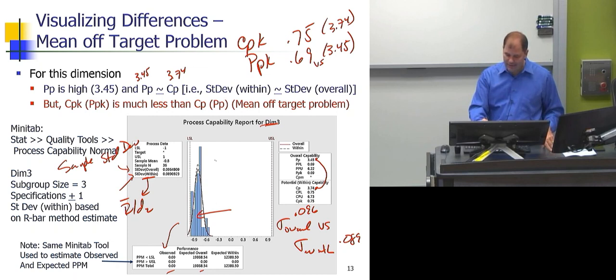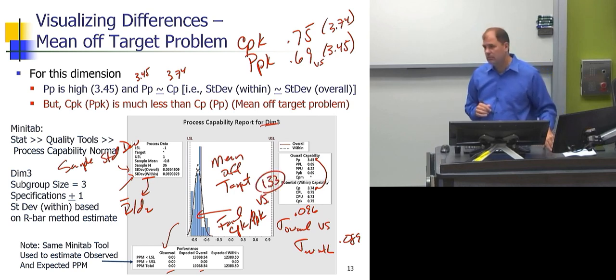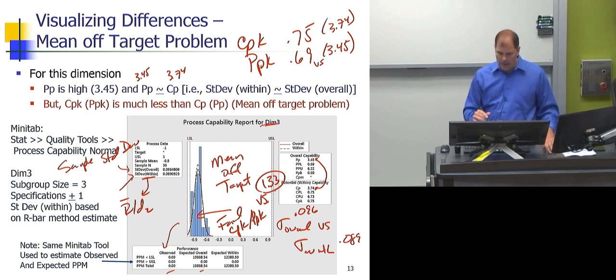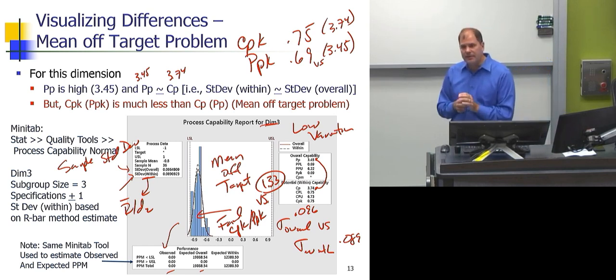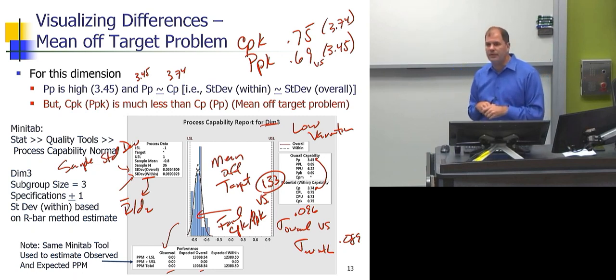This is clearly a mean off-target problem because we're failing CPK and PPK versus, say, 1.33 standard. However, I have low variation. I have not a big difference between overall and within, and both of these indices are way above 2, or way above my threshold.